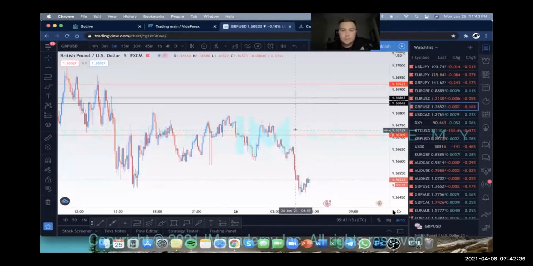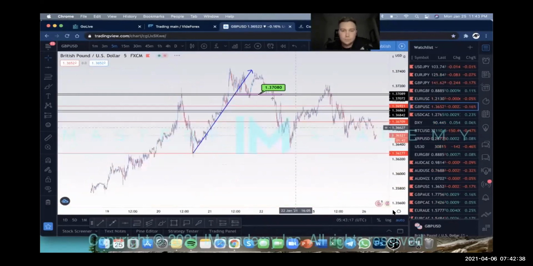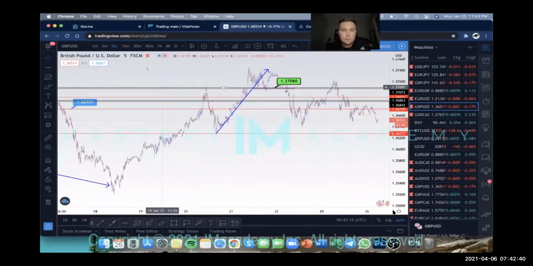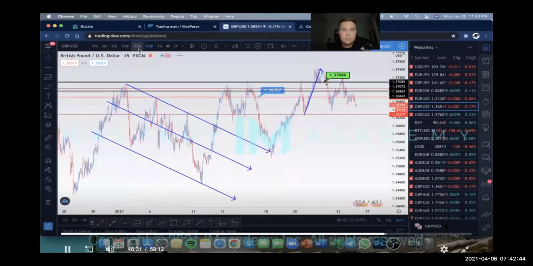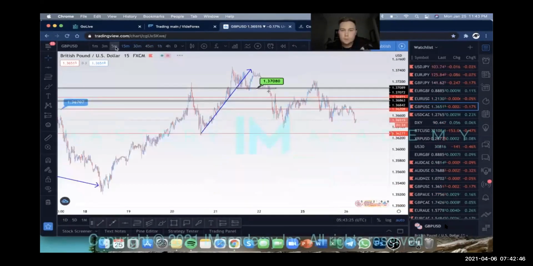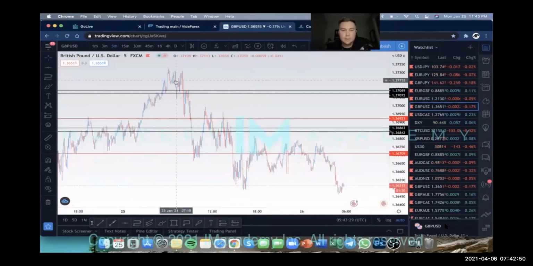So GBP USD, second to last pair. What this is doing, this is uptrending on the hour. You want to check all your time frames. This is downtrending from, what time is this?